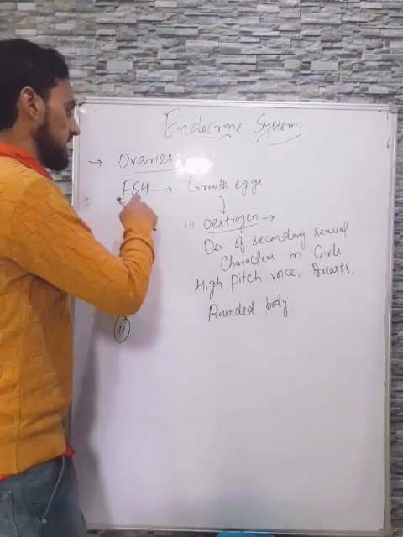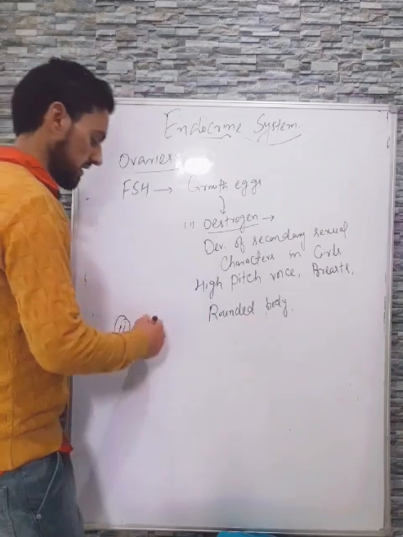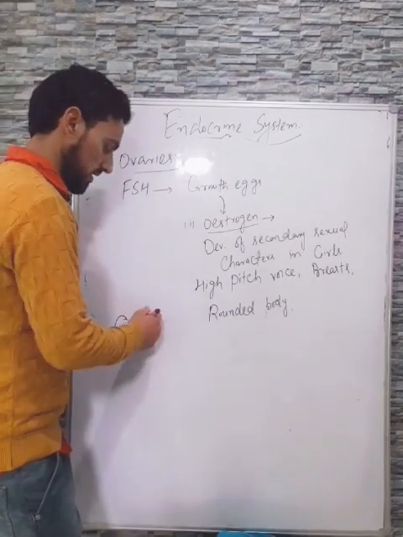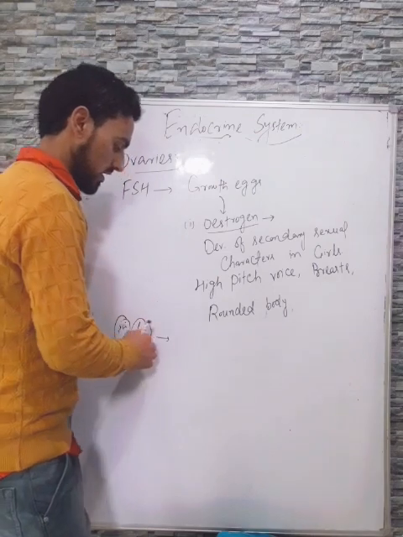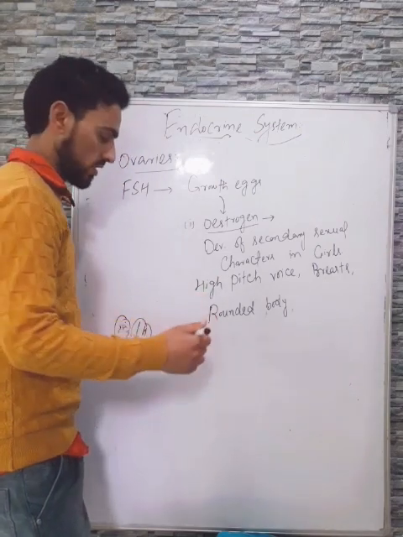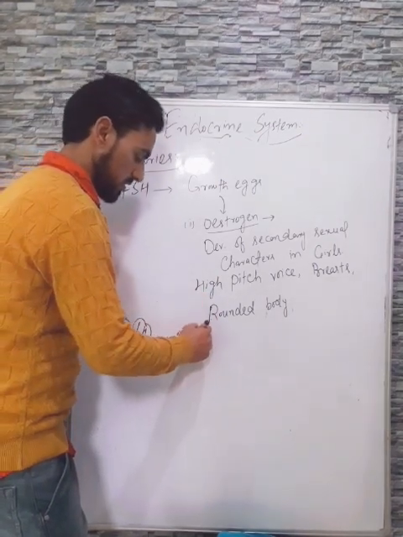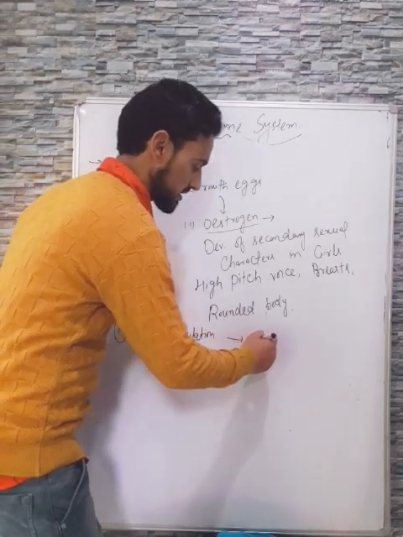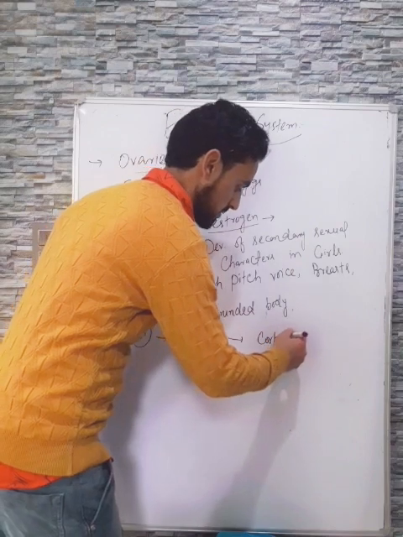After that, we told you that under the influence of luteinizing hormone, which is not a hormone of the ovaries, there is the process known as ovulation. And after ovulation, there remained a structure named the corpus luteum.